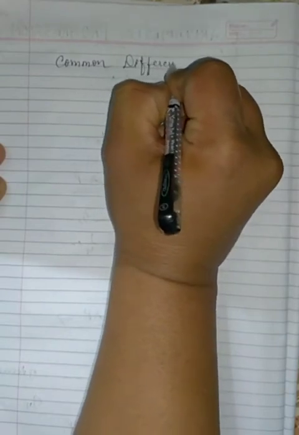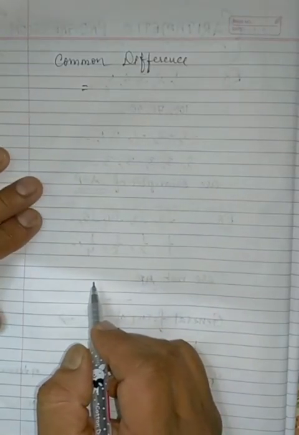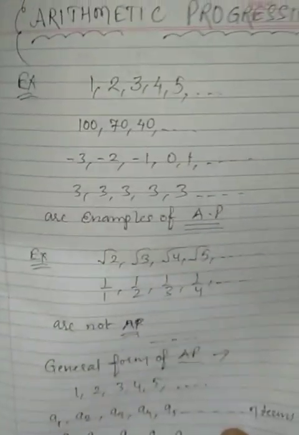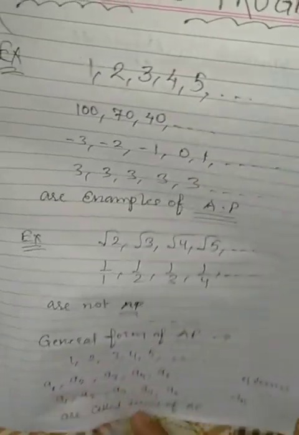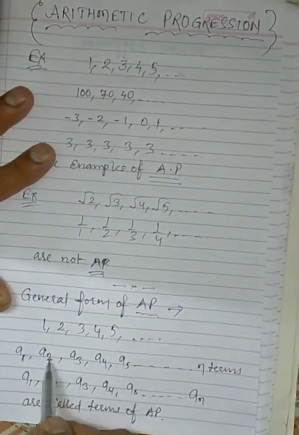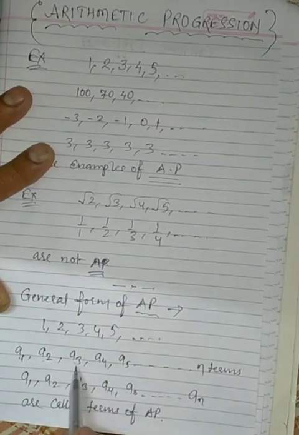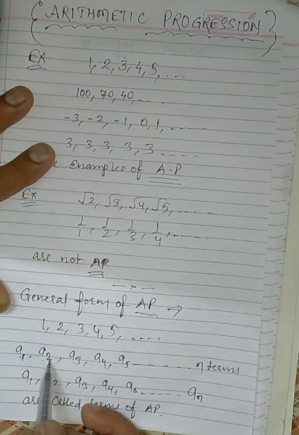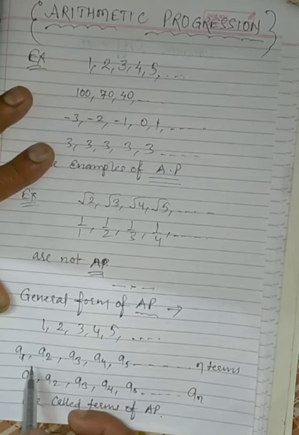What is common difference? Common difference means difference of two consecutive terms. That means if the AP is A1, A2, A3, A4, A5 and so on, then common difference D will be given by A2 minus A1 or A3 minus A2 or A4 minus A3 or A5 minus A4. That means from succeeding term, previous term will be subtracted. In that case, we will find the common difference.